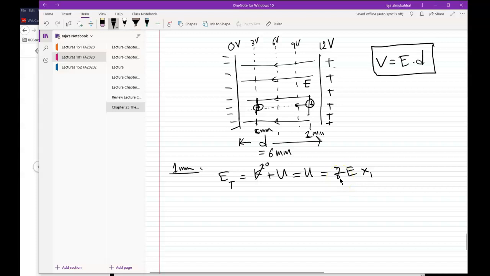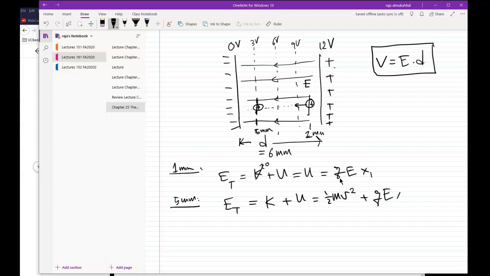Okay. What about at the 5 millimeter mark? Well, at the 5 millimeter mark, the total energy is going to be, we do have kinetic, plus we do have also potential. The kinetic here is 1/2 mv squared, plus the potential, what is it?